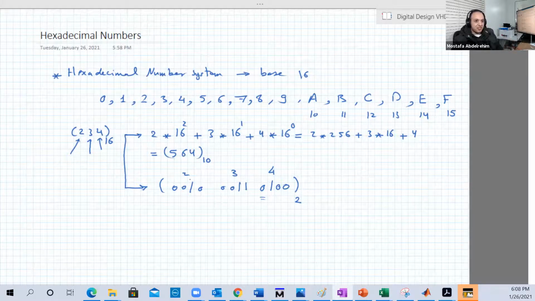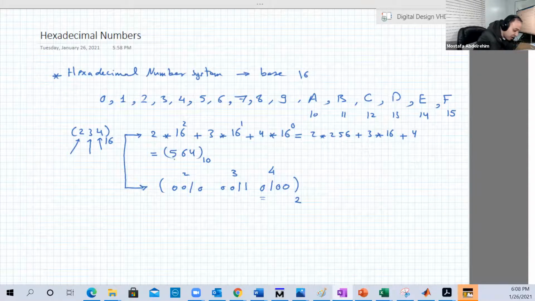Basically, the compactness. The binary system, which we unfortunately need to deal with computers, has only 2 symbols to represent the numbers, 0 and 1. So usually the numbers get bigger when we represent them using binary numbers.